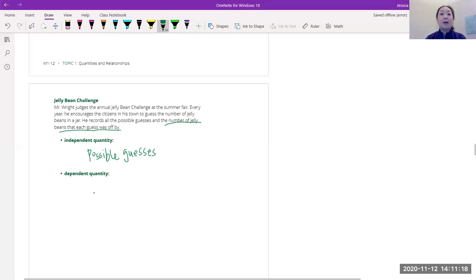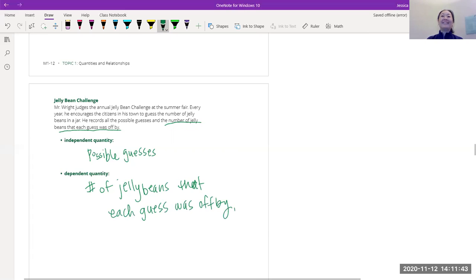So I'm just going to copy that down: number of jelly beans that each guess was off by. I always say off by, but it's off by. All right, so that would be the dependent quantity.